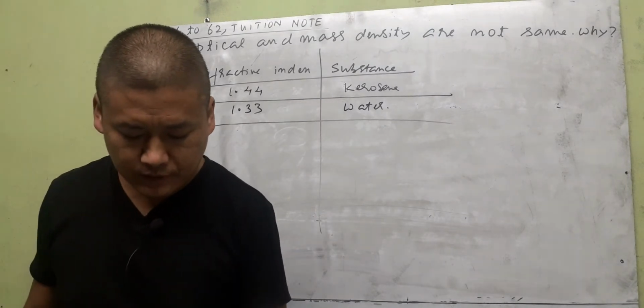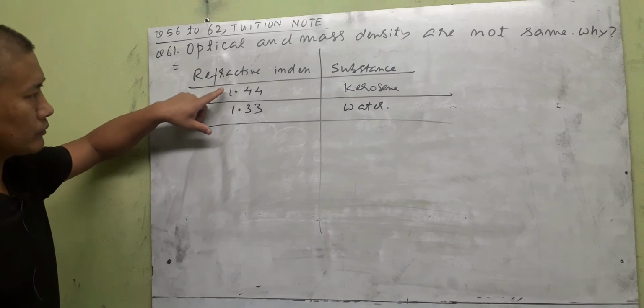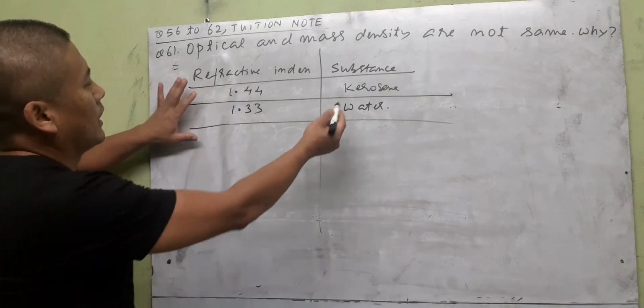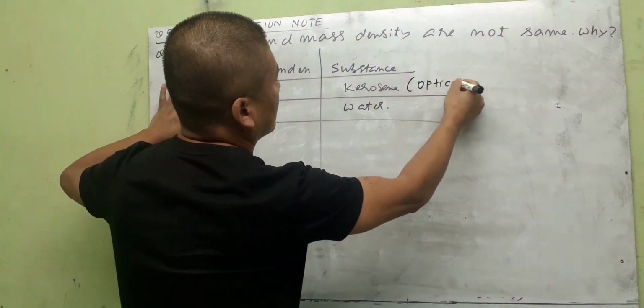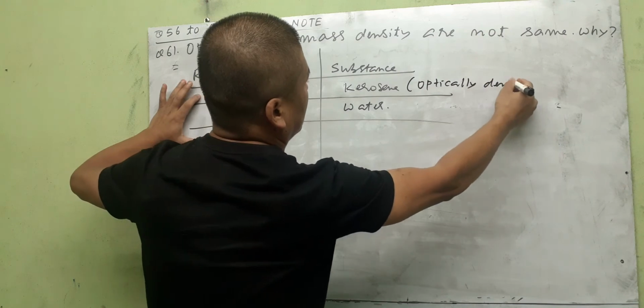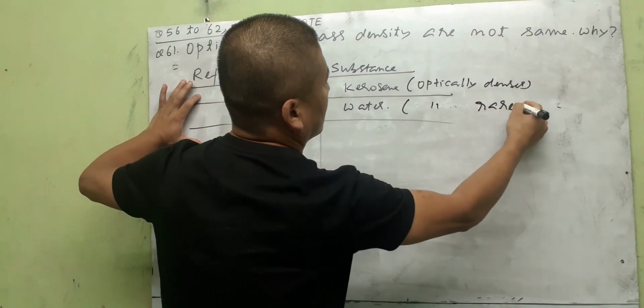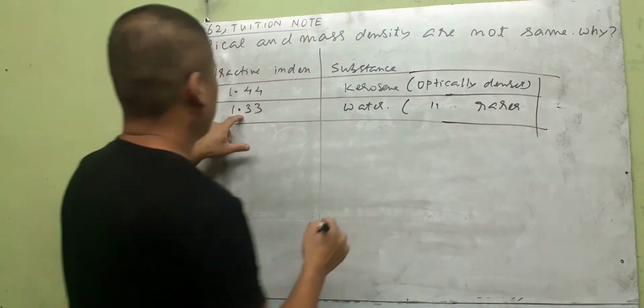But we know that the mass density of kerosene is lesser. So here we clearly see that because kerosene has a higher refractive index, it will be optically denser, and water will be optically rarer because it has a lower refractive index.